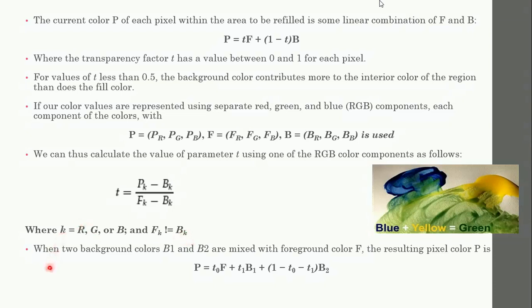Suppose two background colors B1 and B2 are mixed with foreground color F. Then the resulting pixel color will be P is equal to T naught F plus T1 into B1 plus 1 minus T naught minus T1 into B2. So this is the pixel color you will be getting if you are using two background colors B1 and B2 and one single foreground color.